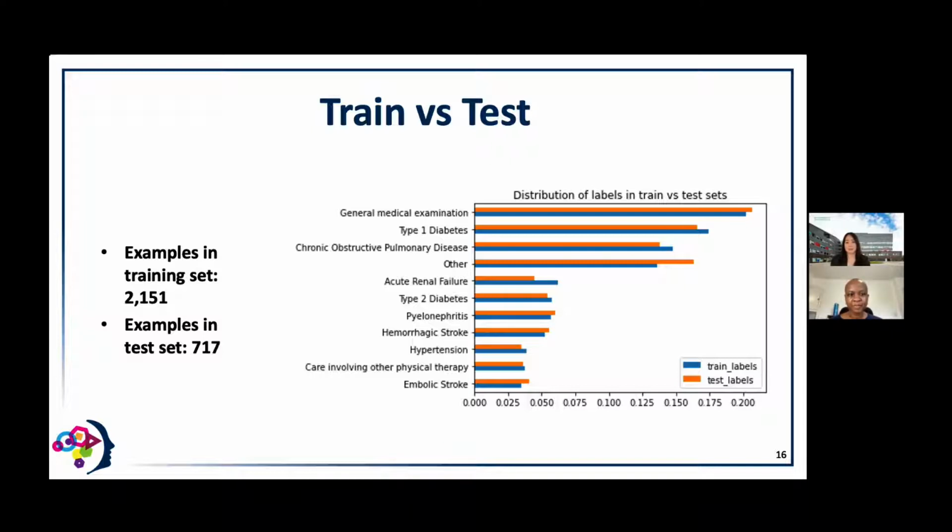Because, for example, if we have 11 of these categories in the training set, which is the blue, we also want examples from all 11 categories in the test set so that we can have a proper way to evaluate how well it's predicting on each of these categories. So this is not the performance of the model, but more the distribution or the proportion of the data within each of these sets, to make sure that we have examples related to each category.